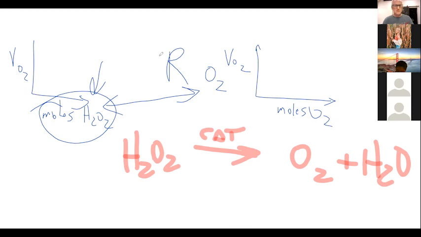So how do I balance this? Is this my relationship? Is it 1 mole to 1 mole to 1 mole? Because that doesn't look balanced to me. How do I balance this equation?